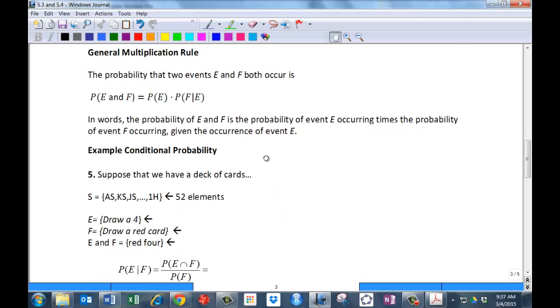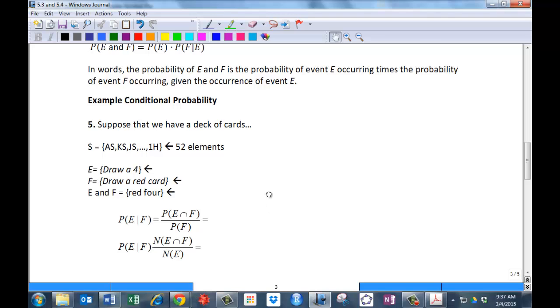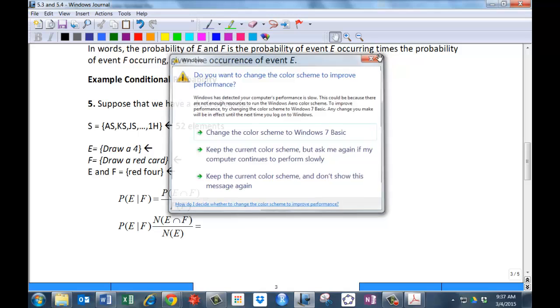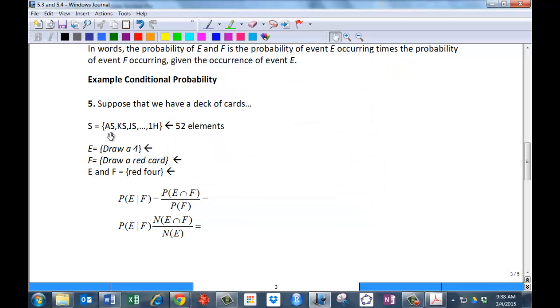Okay, so let's take a very simple example. Suppose I have a deck of cards. Sample space would be ace of spades, king of spades, jack of spades, all the way down. There's no 1, but there's a 2. This is supposed to be 2 of hearts. So there's 52 cards in a deck. So let's let the event E be a draw 4. Well, how many elements are in E, right?